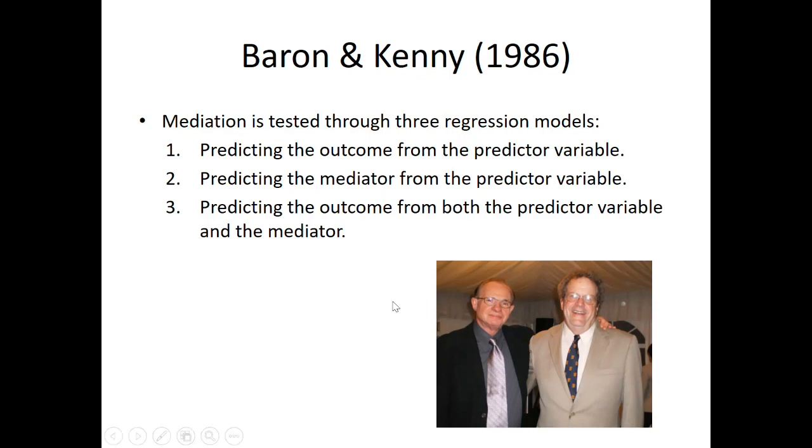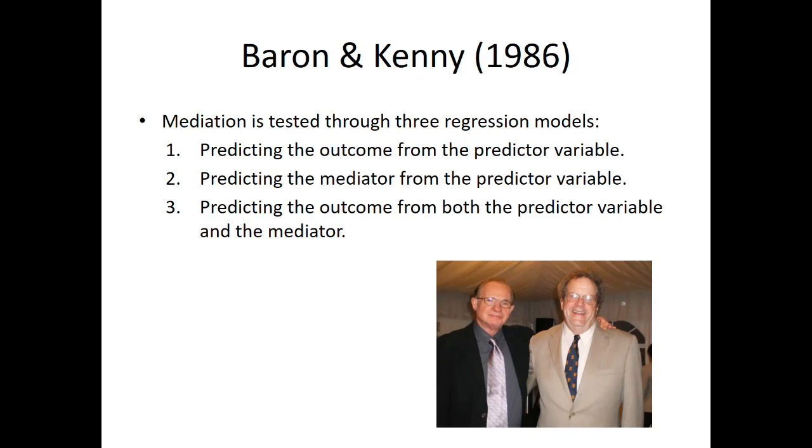And the steps are this: predict the outcome from the predictor. So does your independent variable predict your dependent variable? If so, move on to the next one. Predict the mediator from the predictor. Does your predictor predict your mediator? And if it does, move on to the next step. If not, stop. You do not have mediation. If at any time any of these steps say no, stop.